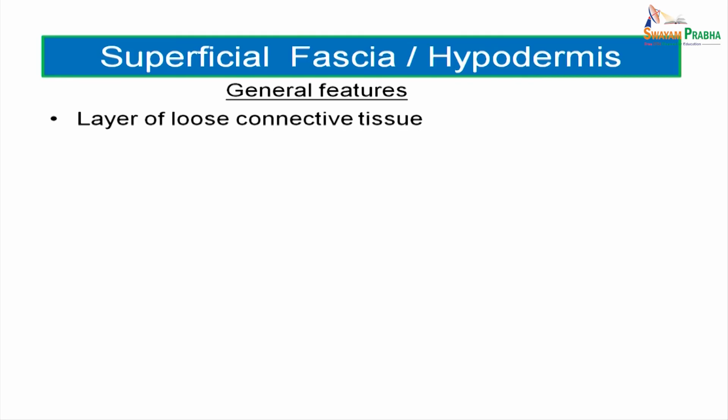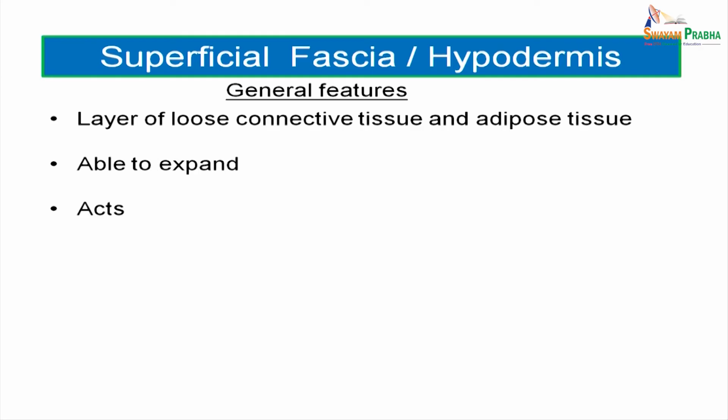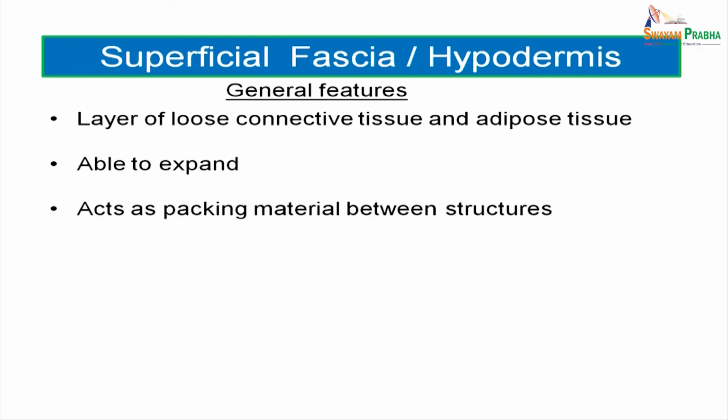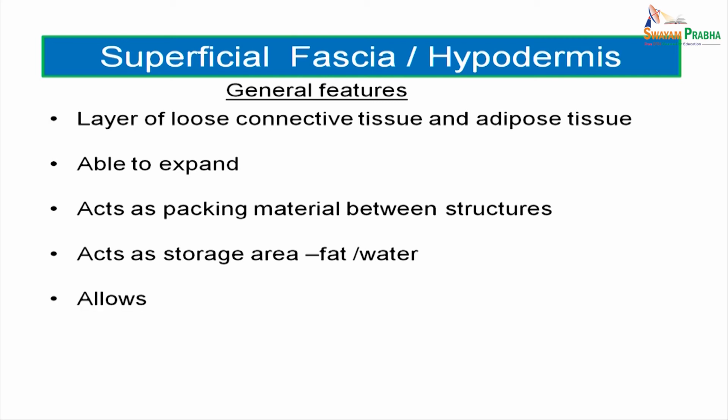The general features of superficial fascia include, so it is nothing but a layer of loose connective tissue with variable amount of adipose tissue. It is able to expand. It acts as a packing material between the structures. It acts as a storage area for fat and water.